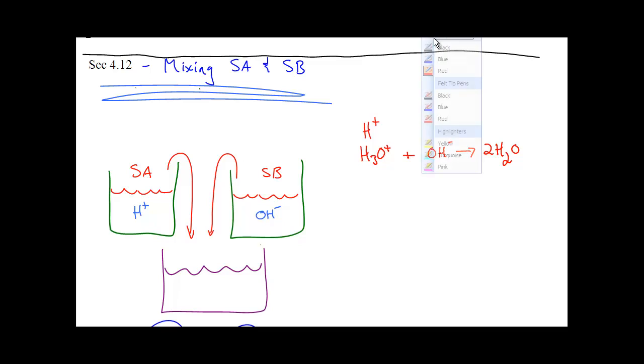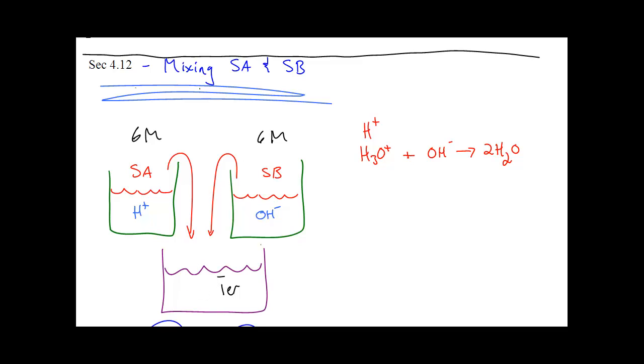So for example, if I have 6 molar strong acid and I combine that with 6 molar strong base, I'm basically going to get just straight up salt water. There will be nothing in excess. Every bit of 6 molar strong acid will neutralize every bit of 6 molar strong base. Right?